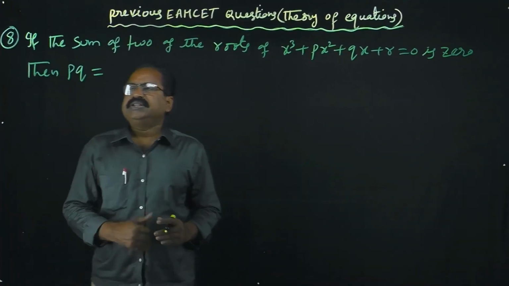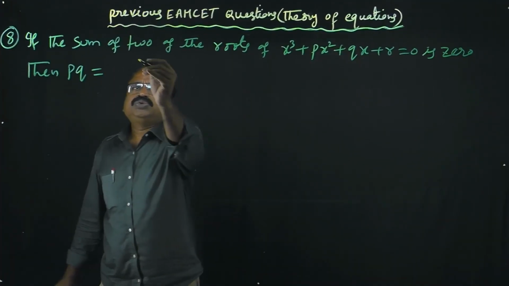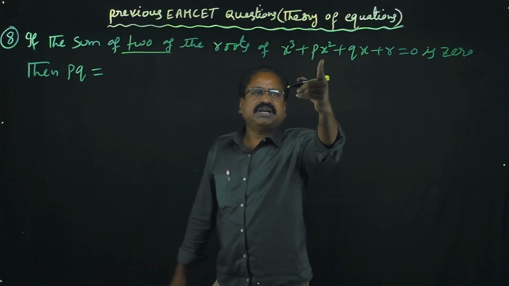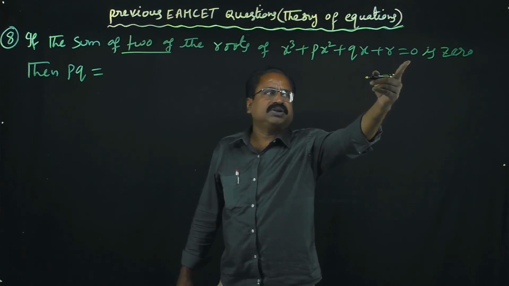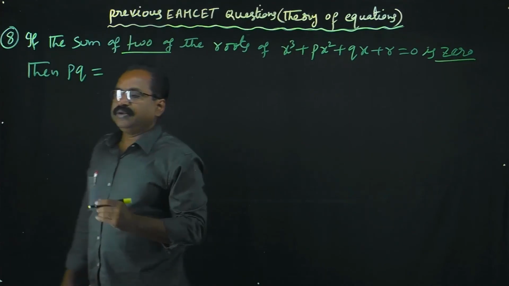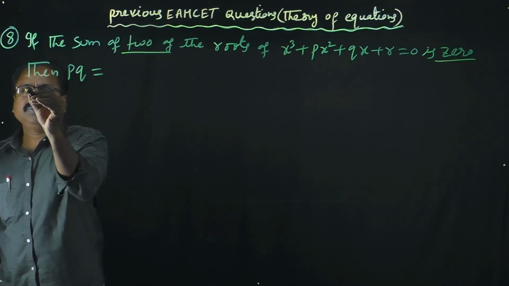Now the 8th one: if the sum of two of the roots of x cube plus px square plus qx plus r is equal to 0 is 0, then pq is equal to what.